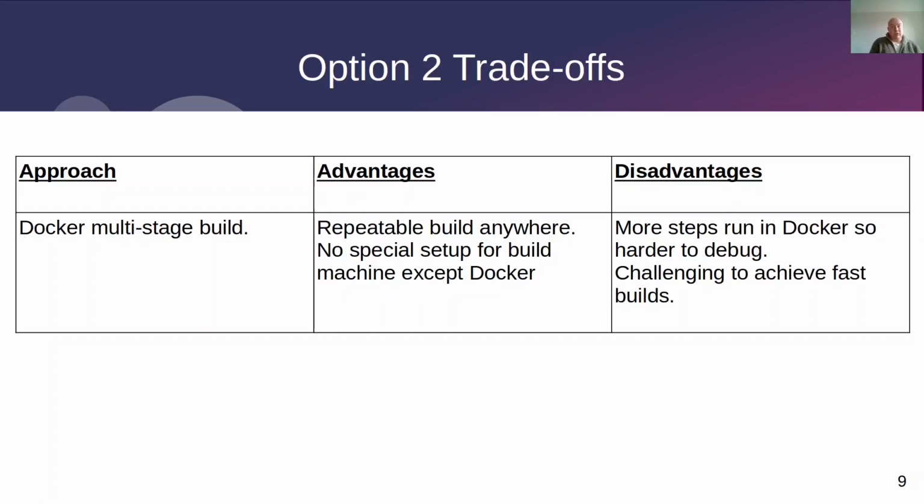The disadvantage is there are more steps running within Docker. And so it can be a little bit hard to debug when Docker is not as transparent as running in your own terminal. And so when things go wrong and you have a more complicated build process, it's just a little bit more time consuming to debug it.